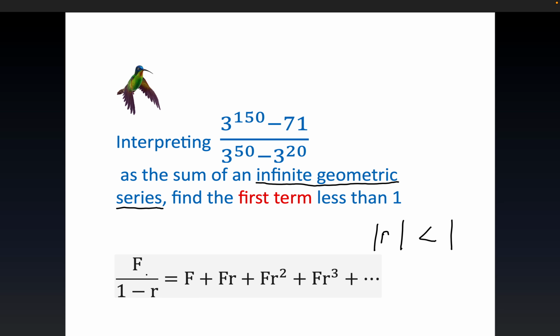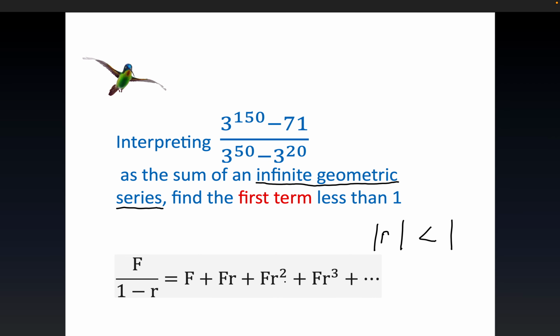And this formula actually comes from a finite geometric series where as you elevate R to higher and higher powers, it gets closer and closer to zero. And so that's why this thing ends up being a simpler looking version of the finite geometric series. Now, F, of course, stands for the first term, okay? And, of course, R is the common ratio. And you see you just multiply by higher and higher powers of R.